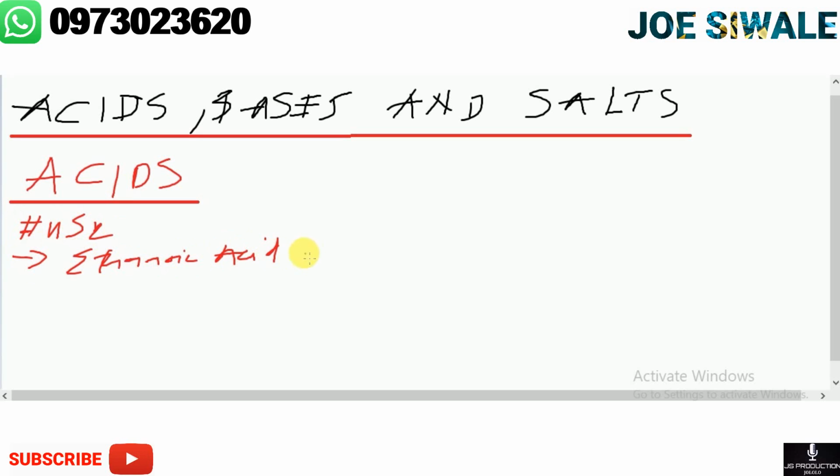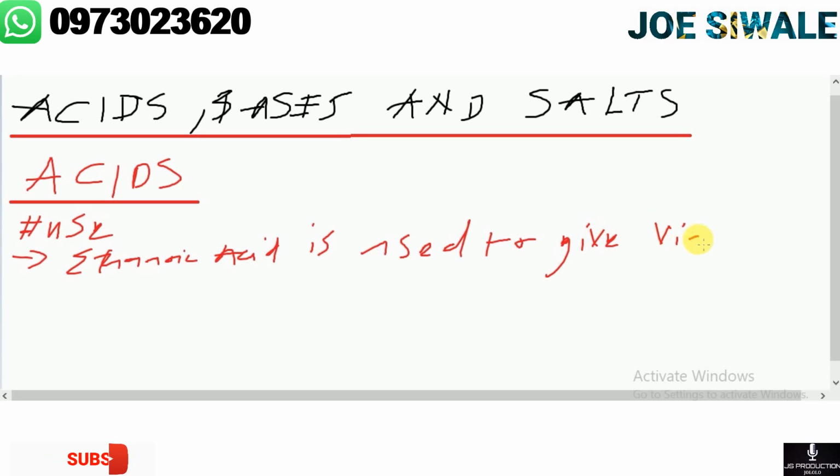For example, ethanoic acid is used to give vinegar its sour taste.